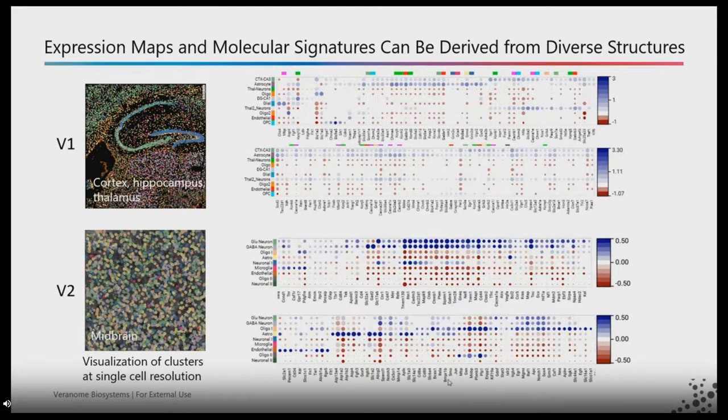But this slide is just showing you examples of the signatures that are generated from these structures. The top part is the signature off of the V1 panel for this region on the left, and you can see the array of markers.